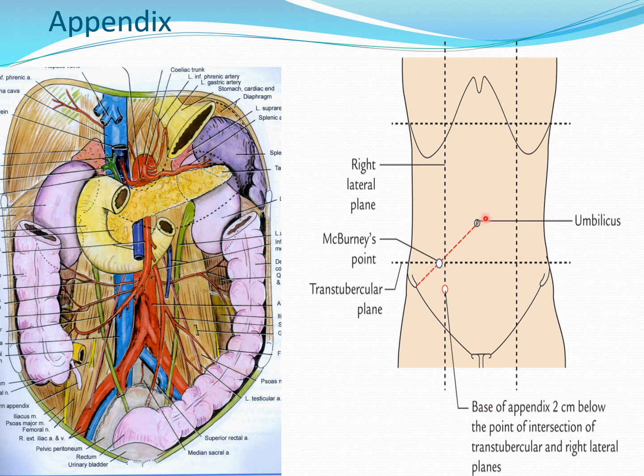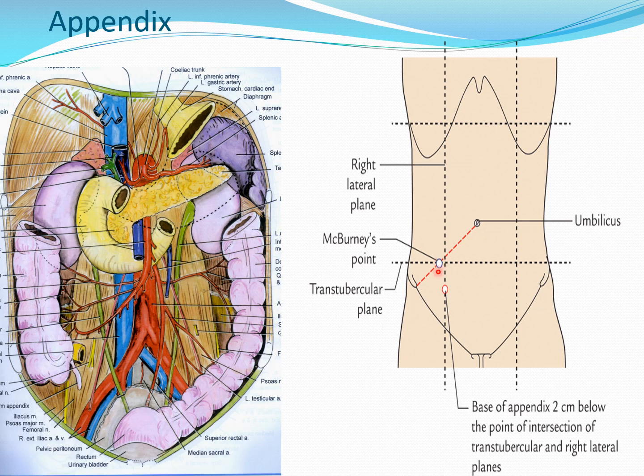It is the junction between the umbilicus and the transpyloric plane. So what is McBurney's point? In surface anatomy, the base of the appendix is represented by a point about 2 cm below the intersection between the transtubercular and the right lateral plane. This one is the transtubercular plane, this one is the right lateral plane. So there is maximum tenderness at this point.